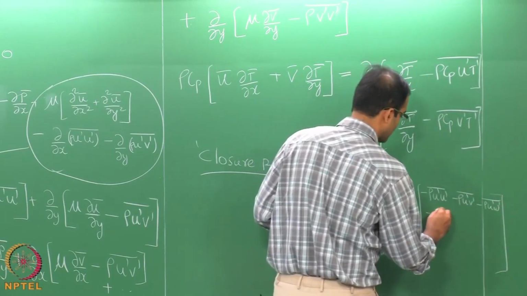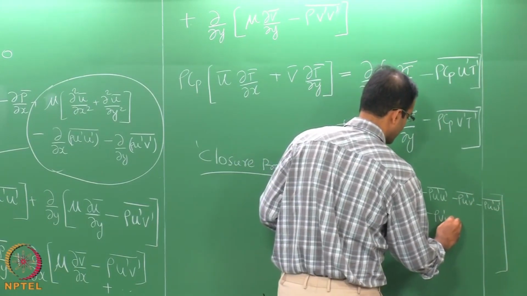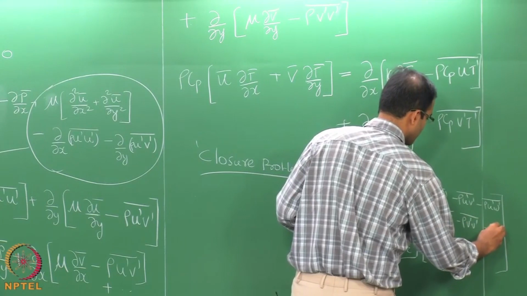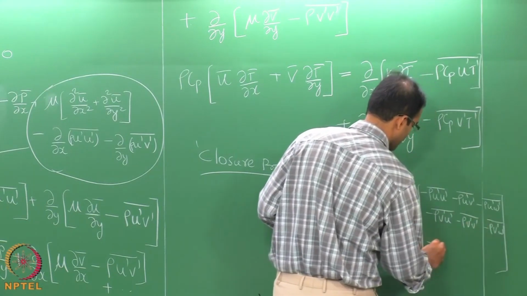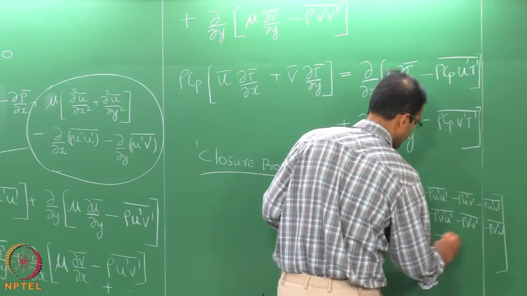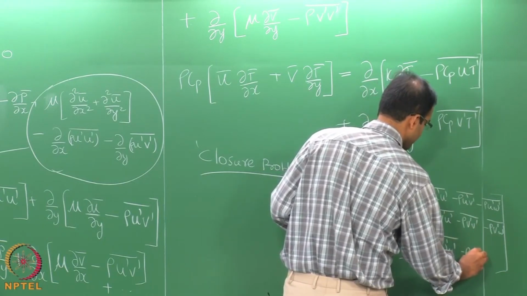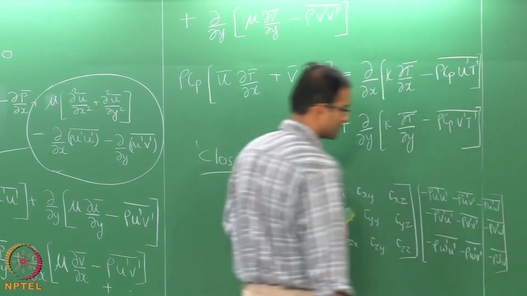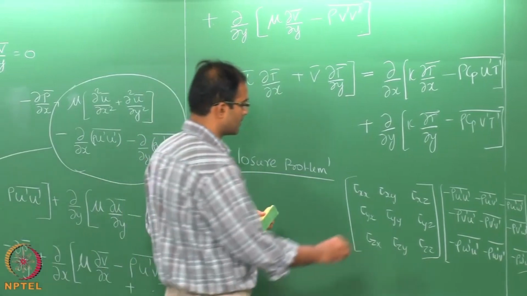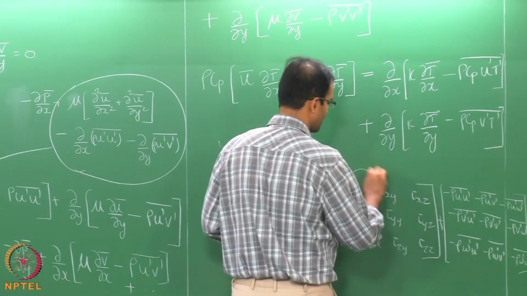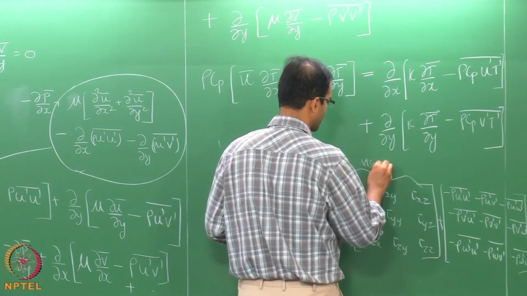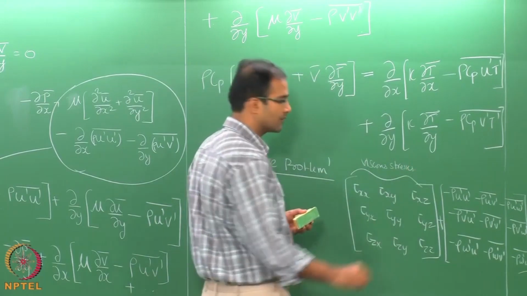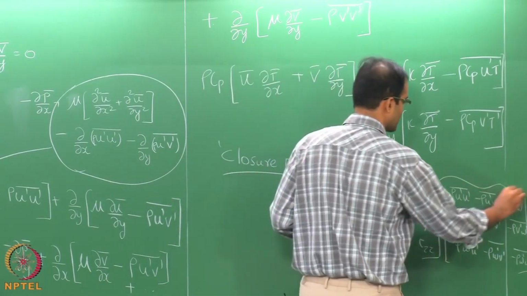Like that you have all the terms: v prime u prime, minus rho v prime v prime, minus rho v prime w prime, then w prime u prime, w prime v prime, w prime w prime. So, apart from your viscous stresses arising due to the molecular diffusion, you are now adding your turbulent stresses.